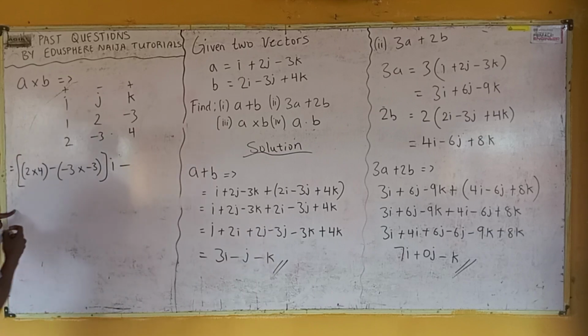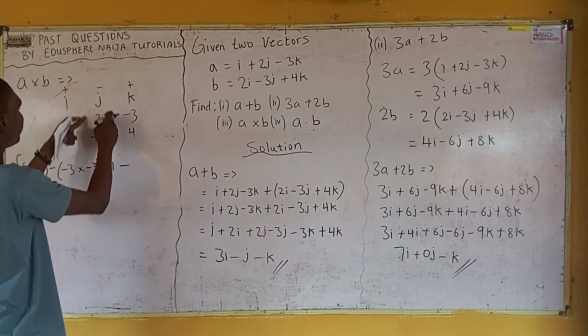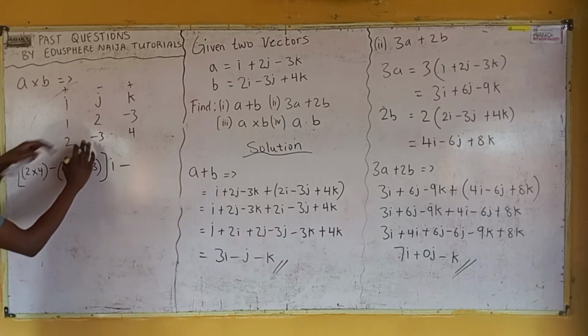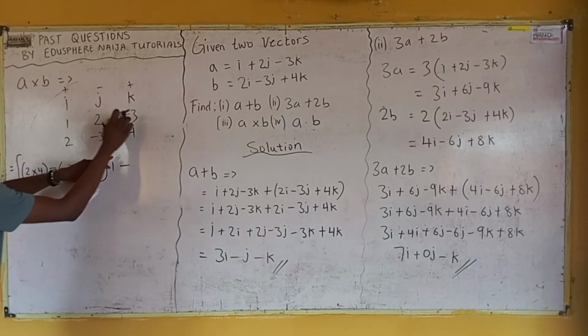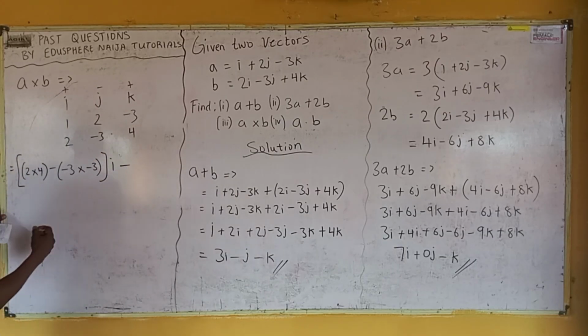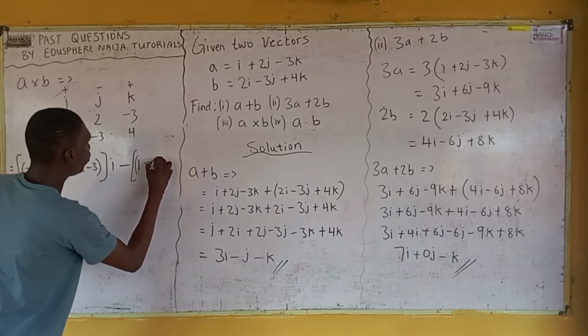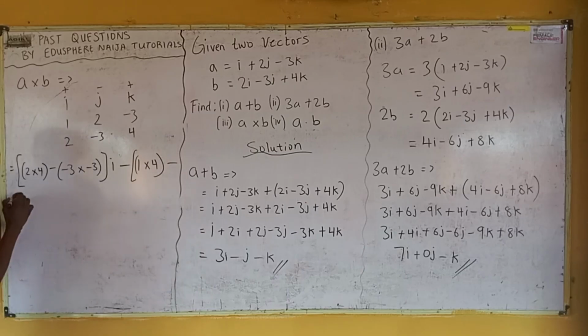Minus. Then the next one is, we are going to cover the vertical axis for the j. What do we have left if we are covering this middle? We have 1, 4, minus 3, and 2. So we are going to say 1 times 4, then minus open brackets, minus 3 times 2.